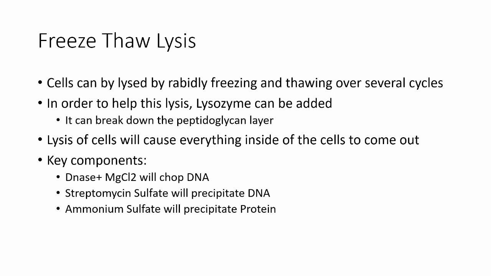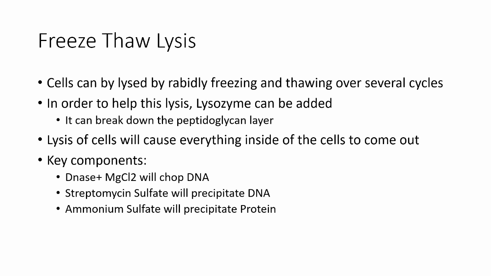Remember, when a hypotonic solution is added to cells, the liquid will want to enter the cell, causing the cell to expand and want to burst. So like a balloon, we add this lysozyme to weaken the peptidoglycan, and then when we freeze it, the ice crystals will pop it and everything will just come right out.